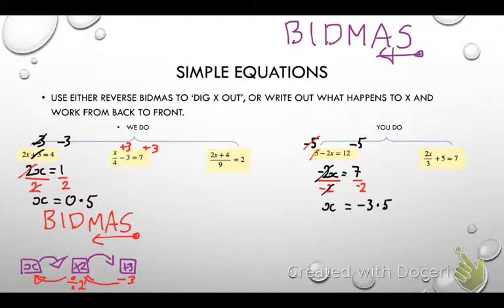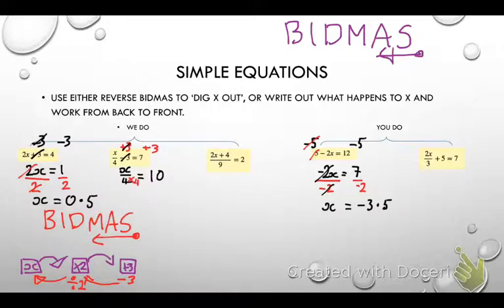So that leaves us with 0. So on our left hand side we drop down our x divided by 4, and 7 plus 3 is 10. Then next step, the opposite of dividing by 4 is to multiply by 4.